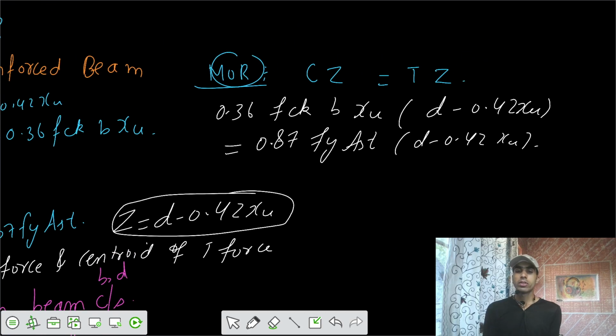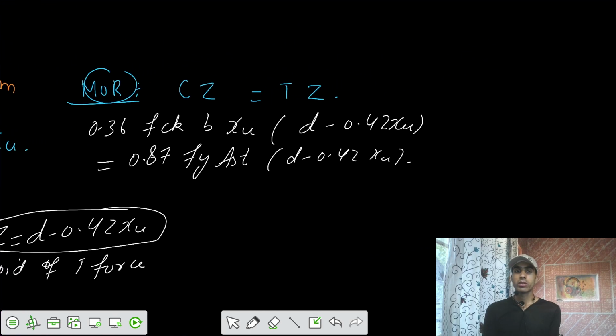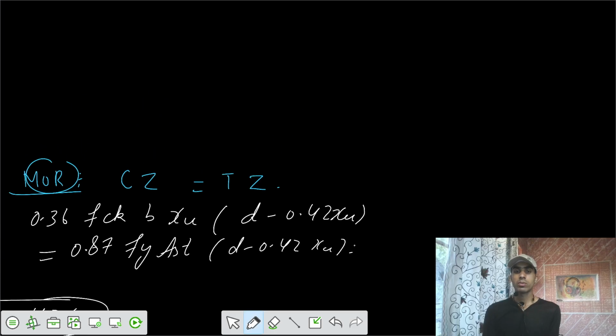Now, first, we had some steps. Let's talk about the first case. For the first case, we need the step-by-step procedure. First, we calculate the actual neutral axis location.